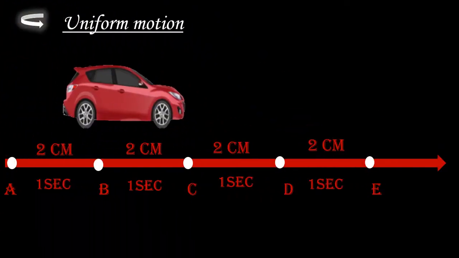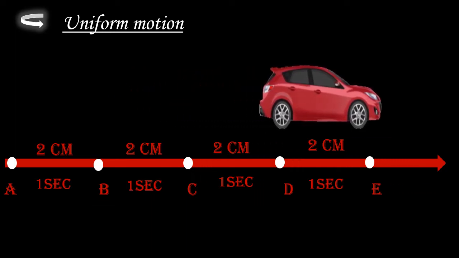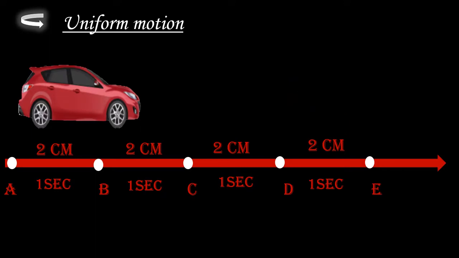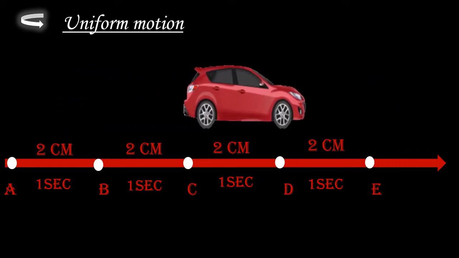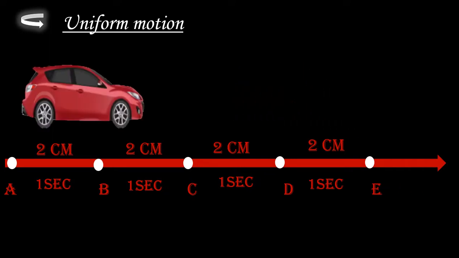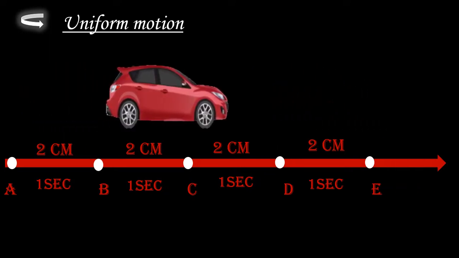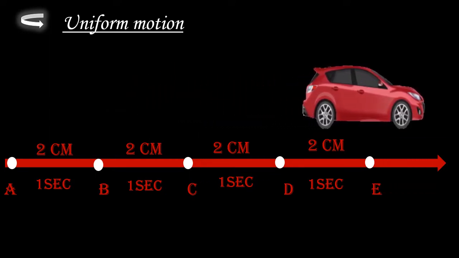Next is uniform motion. To understand this, let us take an example. Suppose a car is moving along a straight line towards east, such that it covers a distance from point A to point B in 1 second.